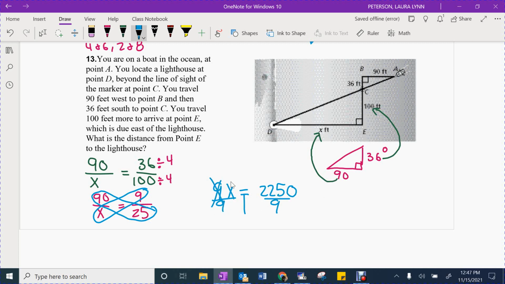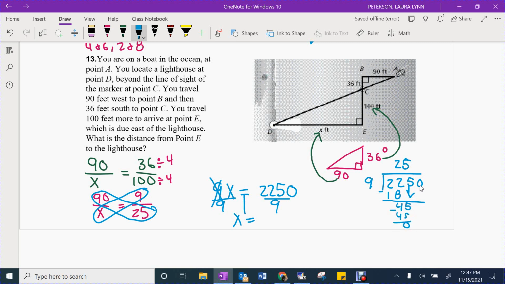Ugh, gross. Look, this is a really big division problem. That's okay. Let's set up our long division. Top number goes in the house, so 2,250 goes inside. 9 goes outside. And we start with 9 into 22. Well, 9 can go into 22 2 times. That's 18. When I subtract, this leaves me with a 4, and I bring down my first remainder, which is 5. 9 can go into 45 perfectly, and it can go in 5 times.